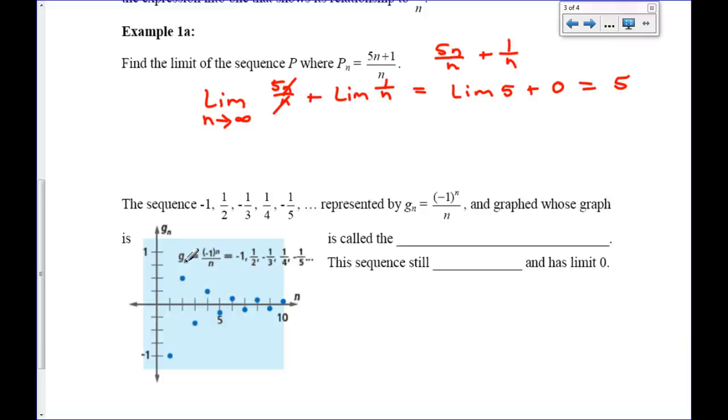That one is called an alternating harmonic sequence. This sequence still converges and has a limit of what? Yeah, 0. But it's approaching 0 from both directions, both from the top and from the bottom.